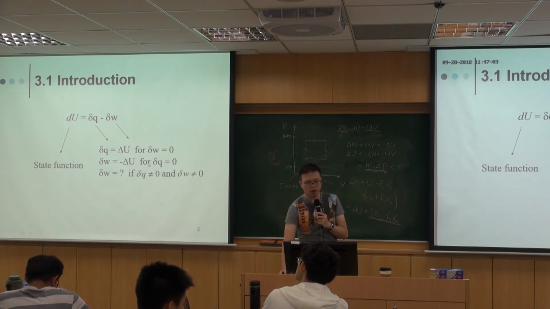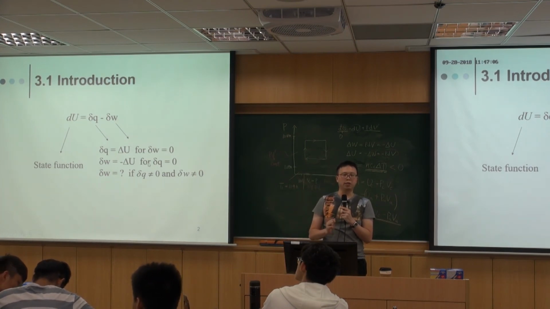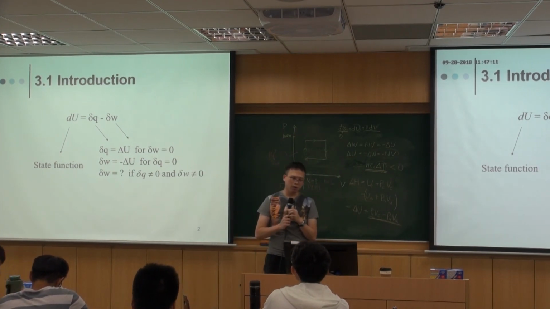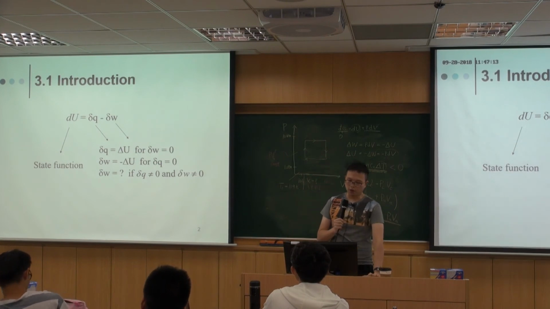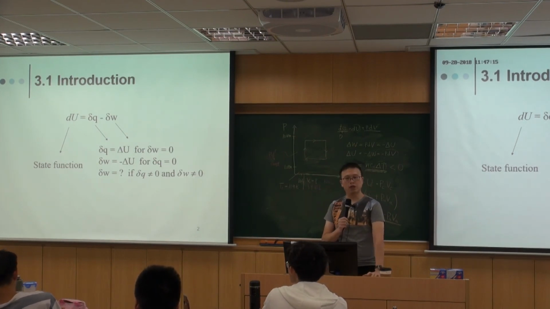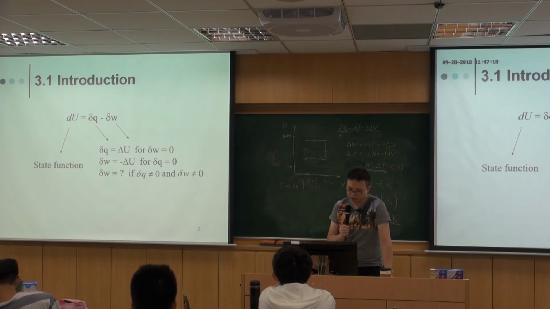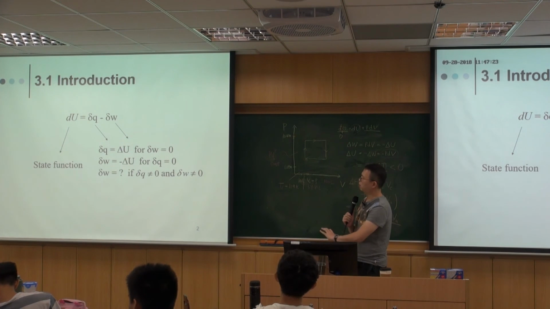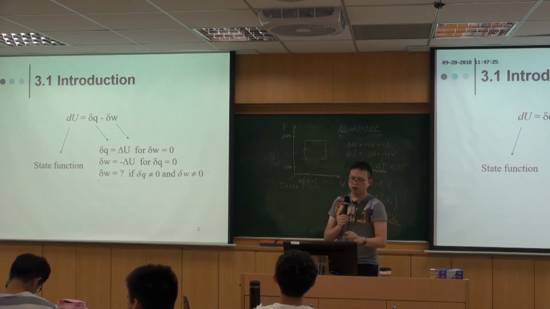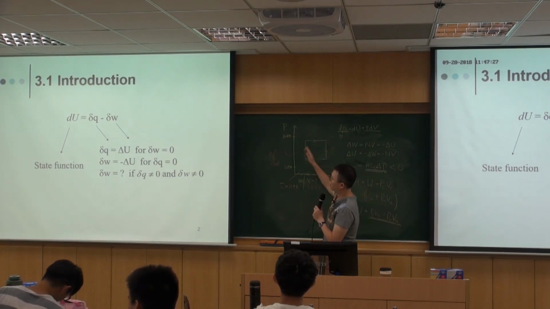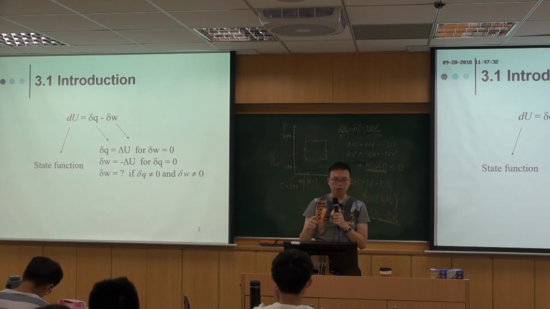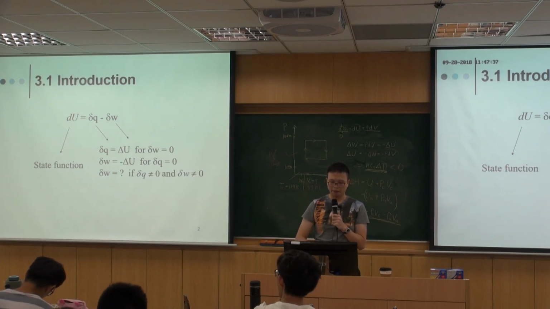On the other hand, for an adiabatic process, the change of heat is 0. Therefore, the change of work is the reverse of the change of internal energy. Like the previous problem that we just saw, if you're going through this adiabatic process, the internal energy change will be directly transferred to the work done by the system.